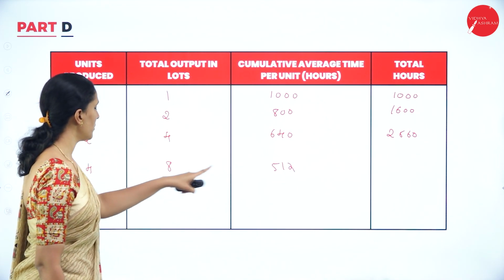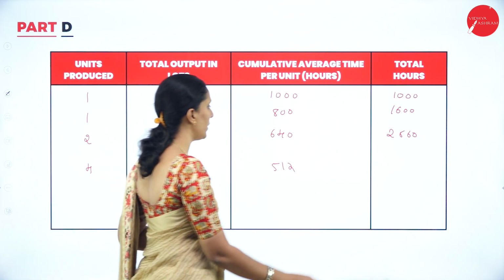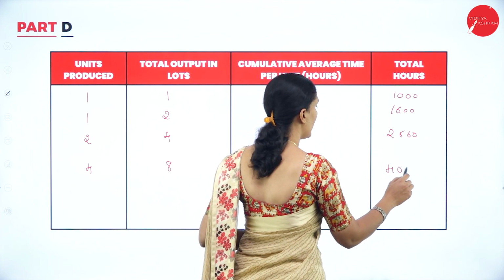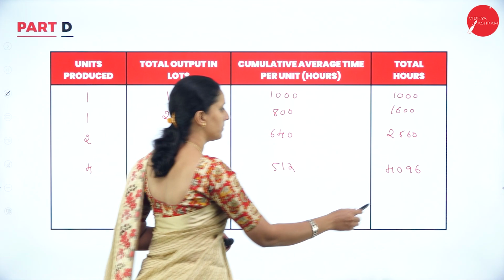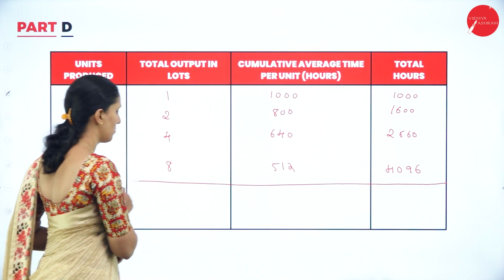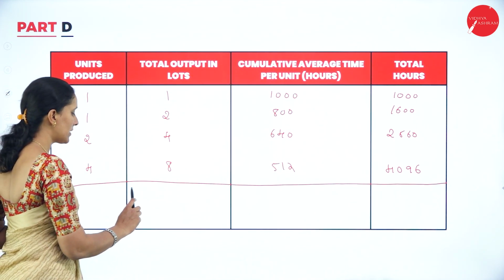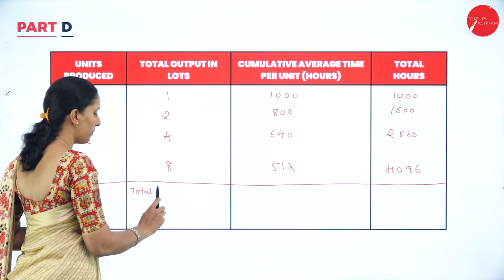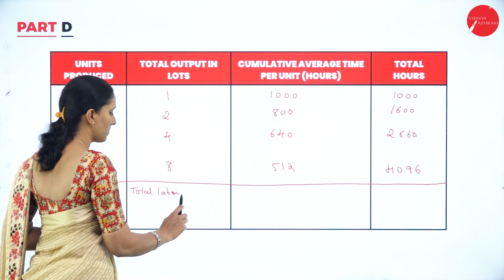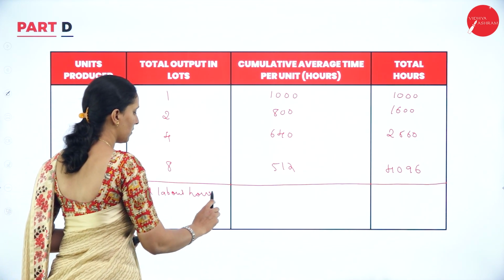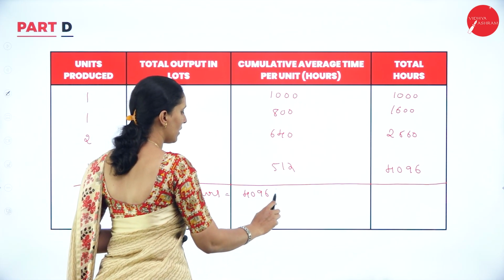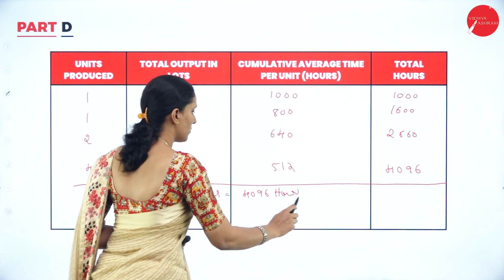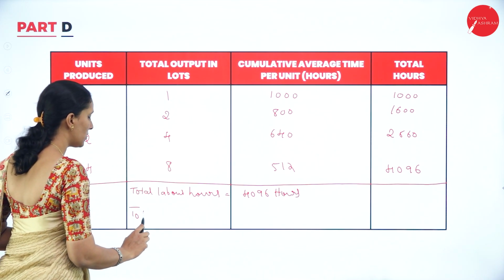Next 512 into 8 will be equal to 4096. So therefore we will stop here. Clearly we can see the total labor hours is equal to 4096 hours. Now total labor cost we need.